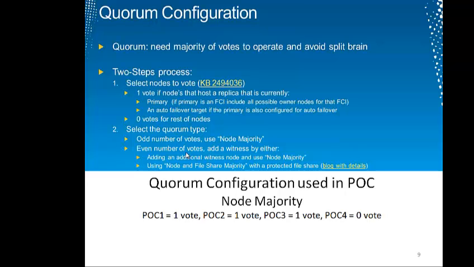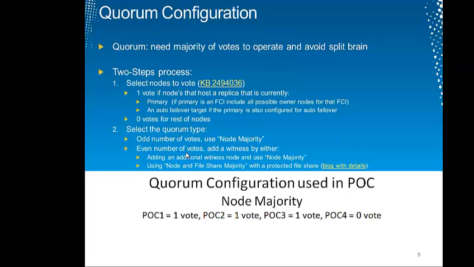In our case, we have 4 servers, but because the fourth server is on the secondary side and we don't rely on the network because of the latency, we don't want to add problems if POC4 is not responding because of the network. So we have given POC4 0 votes. However, POC1, 2 and 3 have 1 vote each.